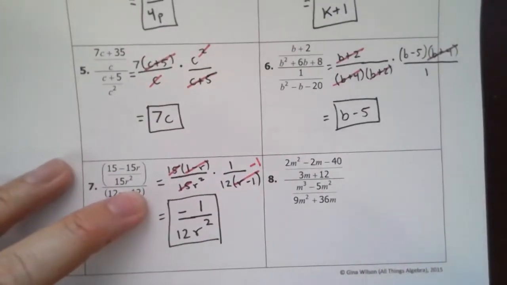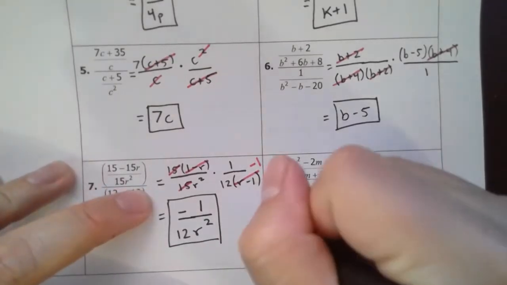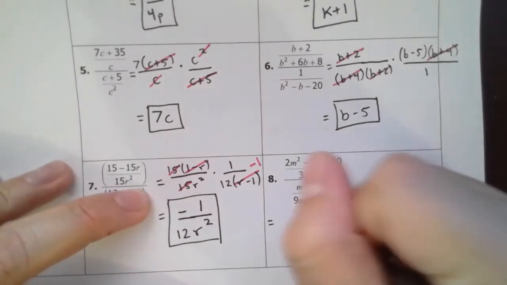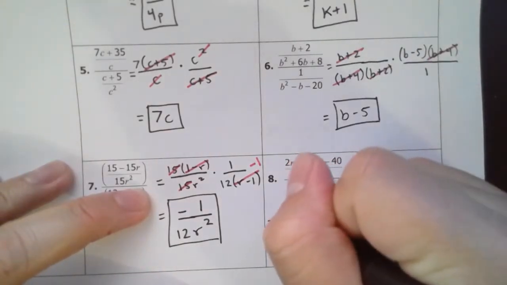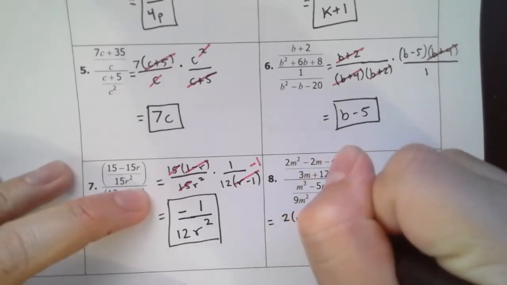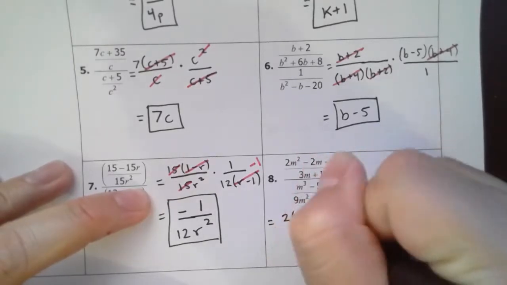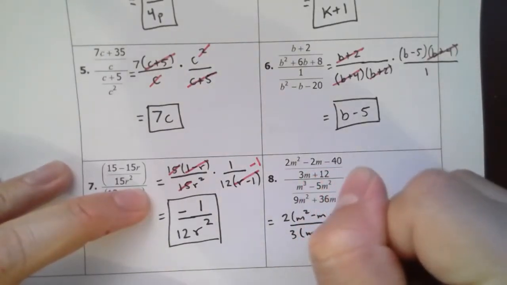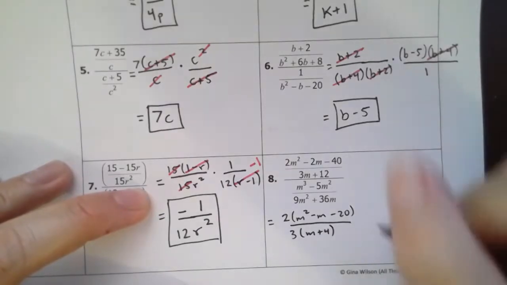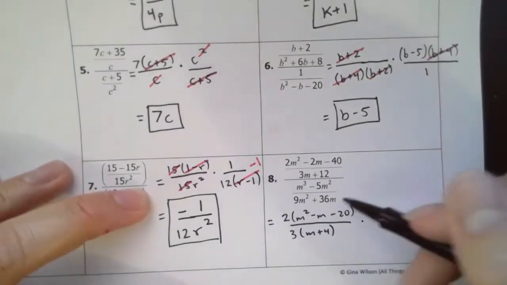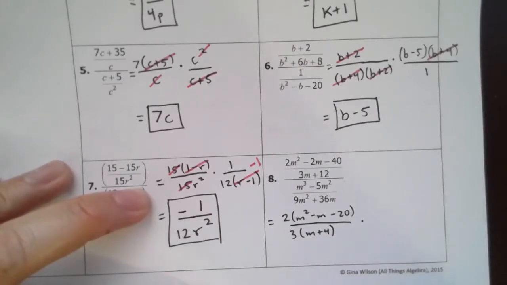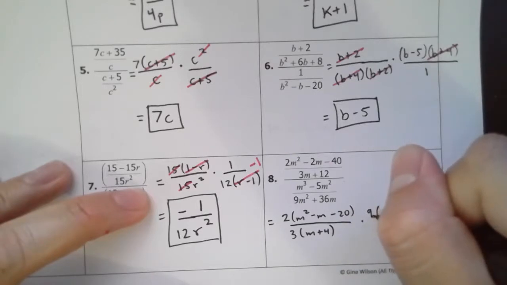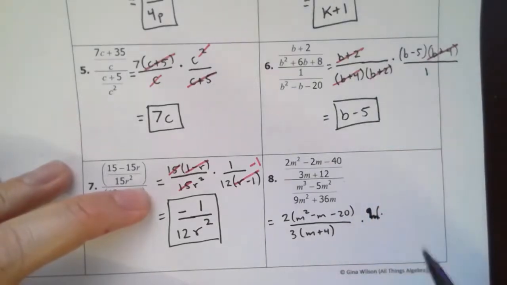Number 8. Geez, as I said, they're just getting longer and longer. Factor out 2 in the numerator, so I get 2 times (m squared minus m minus 20) over, I can factor out a 3, so 3 times (m plus 4), times, and then take the reciprocal, so the top would be 9m squared plus 36, but I can factor out a 9m.